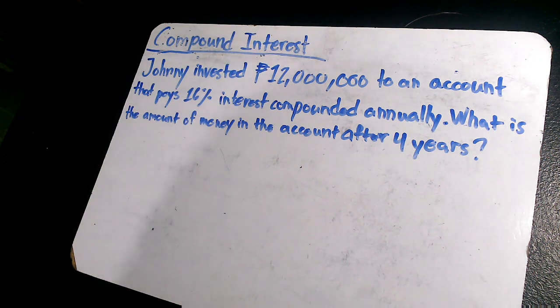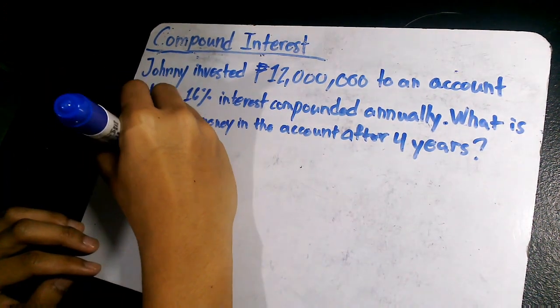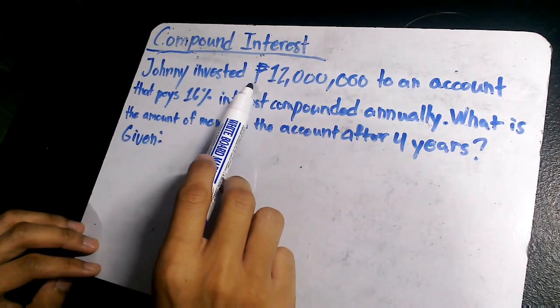We should always first identify the given information. Given. We have P, or principal amount, of 12 million pesos.